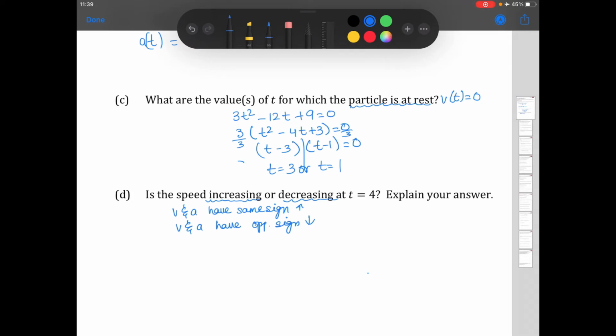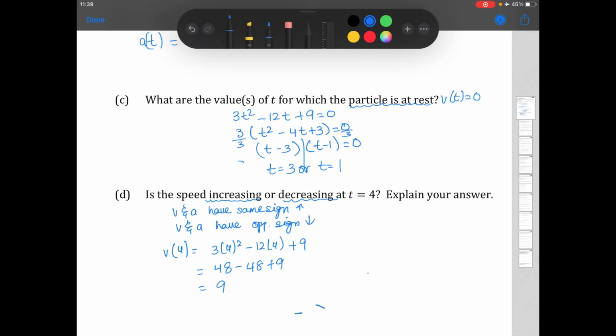So here it's asking us at t equals 4. So I'm going to find v of 4, which would be 3 times 4 squared minus 12 times 4 plus 9, which would be what? 4 squared is 16 times 3 is 48 minus 48 plus 9, which is just 9, right?